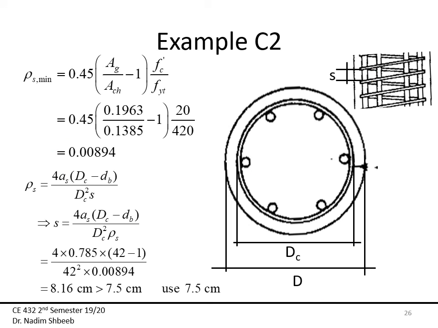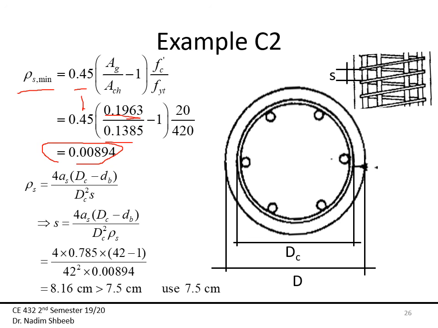Now we said that the ACI code gave me a minimum spiral ratio, which was 0.45 times area gross divided by area core for the concrete minus 1, times f prime c over fyt. Now 0.45 is here. Gross area is what we calculated before. The area of the core is what we calculated also before, f prime c was 20 divided by 420. Then this is my rho s.